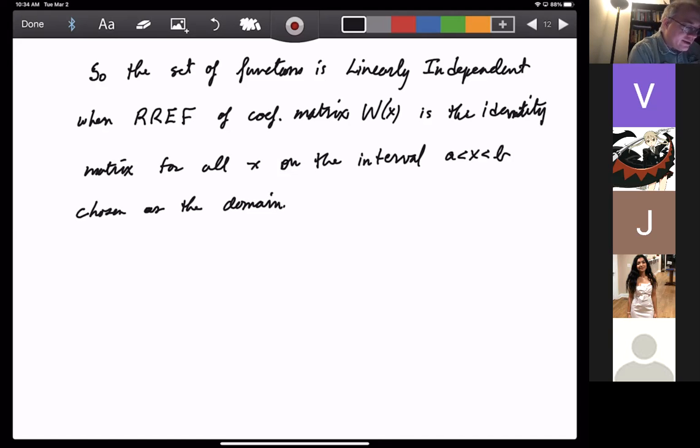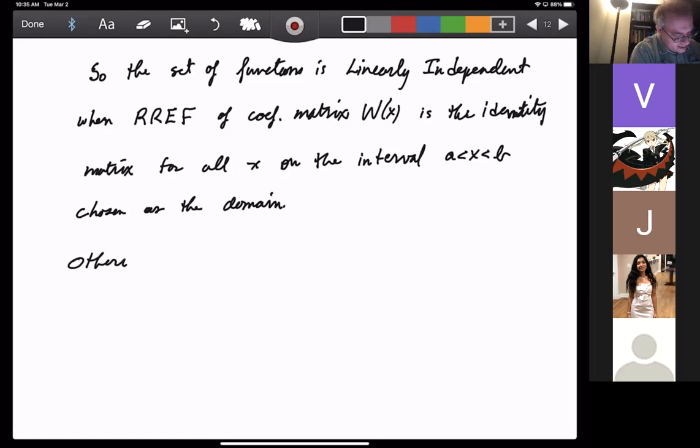So if everywhere on the domain where we're working with the functions, we can get the RREF to the identity, our set of functions is linearly independent.